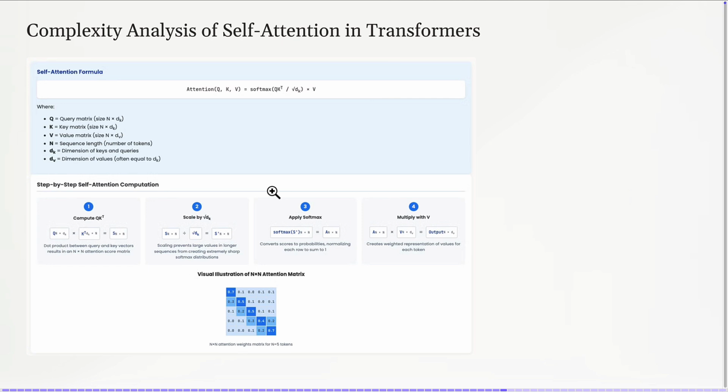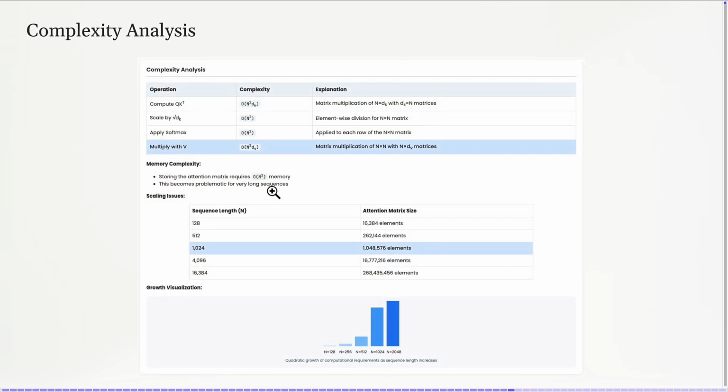So what we do, we have this first computation, the dot product QK. This gives an n by n attention score matrix. We divide by the square root of dk, which is just a simple division and doesn't add any complexity. Applying the softmax is just applying a function. Then we multiply with V, which is another dot product, also n by n. So this is the analysis of the complexity of the algorithm.